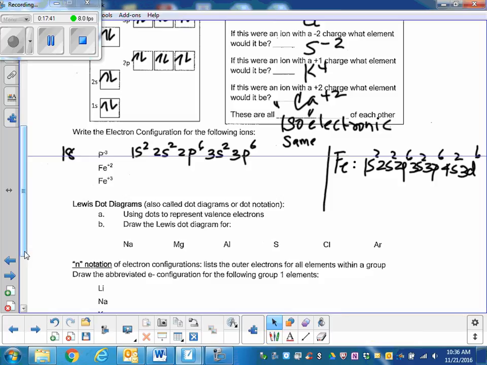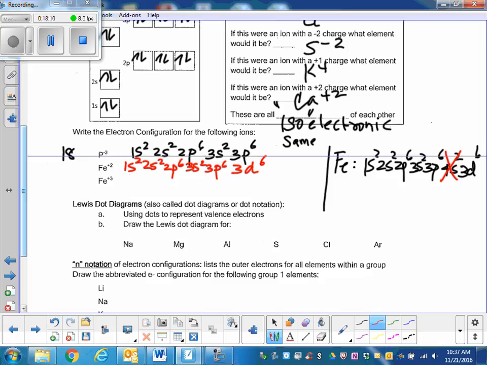Now it's losing 2 electrons. Where will it lose them from? From the 4s. This gets knocked out. So the electron configuration is 1s2, 2s2, 2p6, 3s2, 3p6, 3d6. Does that make sense?